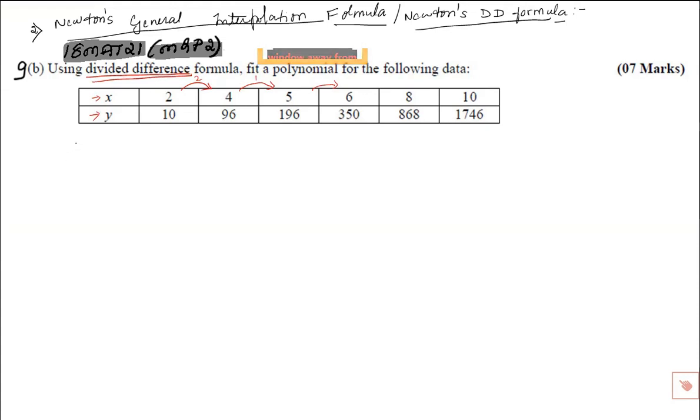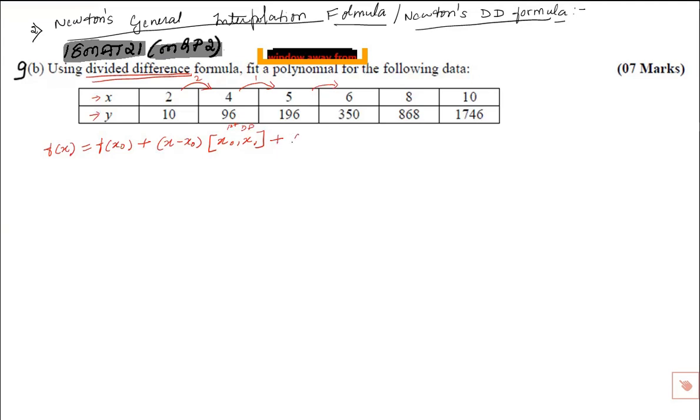The formula is f of x, or y of x, equal to f of x naught plus x minus x naught times the first divided difference, that I will denote by x naught comma x1 within the square bracket. It's called the first divided difference.